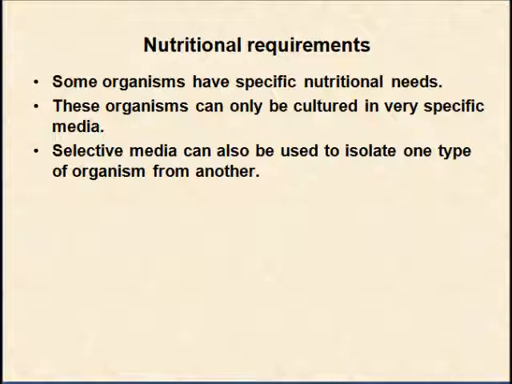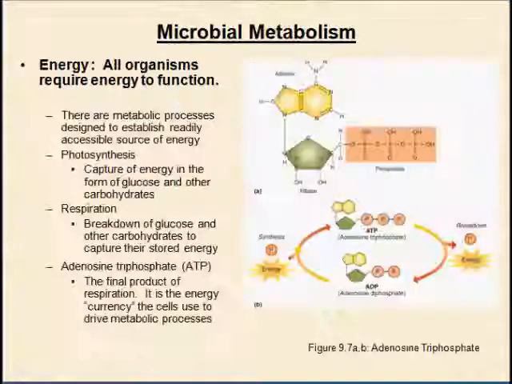There are actually selective media that we use to separate out microorganisms or isolate certain organisms from others, and what we are doing is attending to the specific nutritional needs of some organisms while excluding the nutritional needs of others.